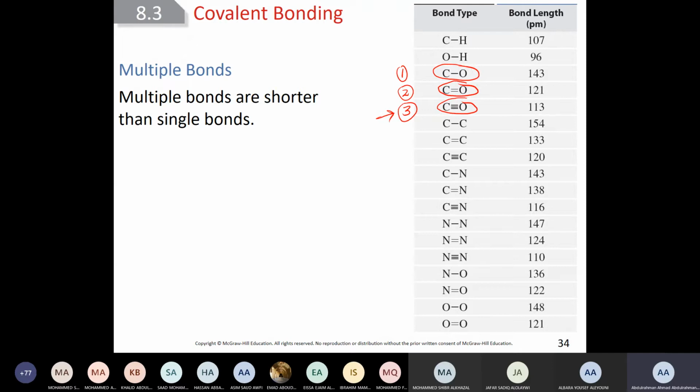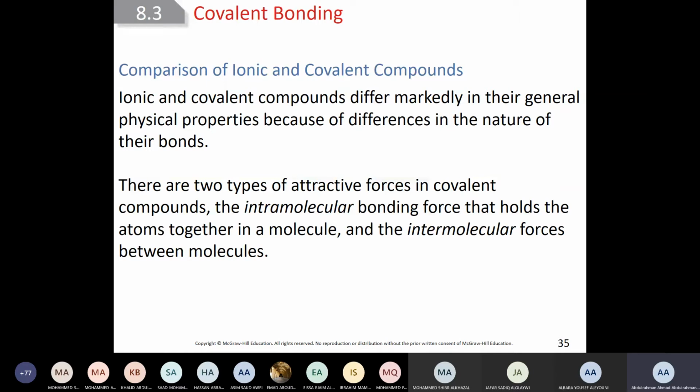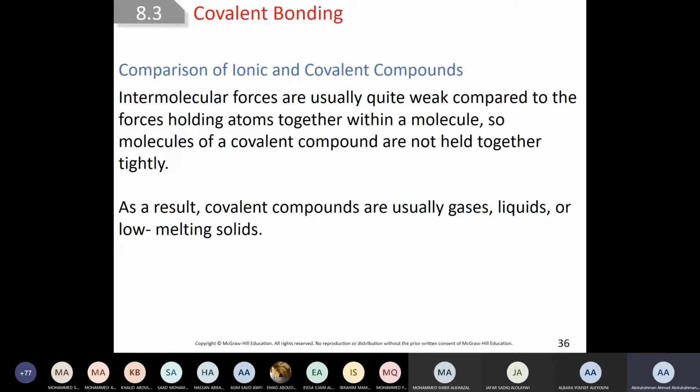Which one will be the longest? Number one, the single bond. Which one will be the strongest bond? Number three. Which one is the weakest? Number one, the single one. Good.